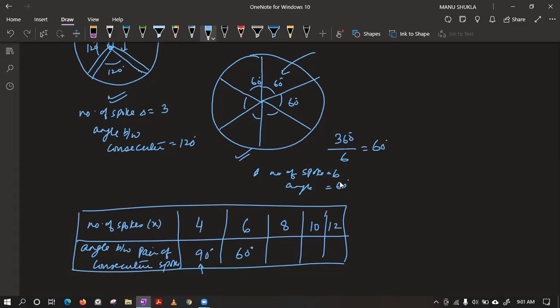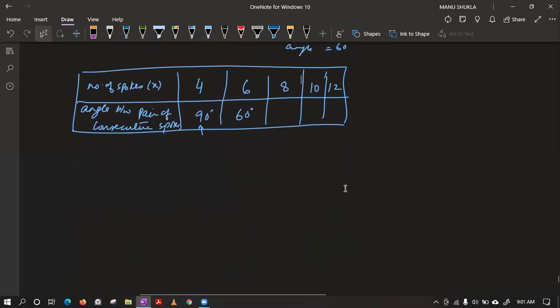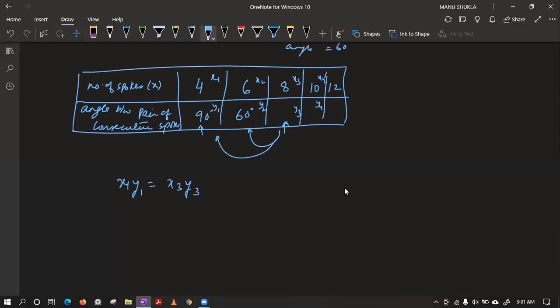Although we can do it directly also, if you want to solve by formula, that is also possible. And the formula we have seen is x1 y1, x2 y2, x3 y3, x4 y4 and so on. So to find this value, I can take either these two or these two. Anyone will help us. So we will take x1 y1 is equal to x3 y3.